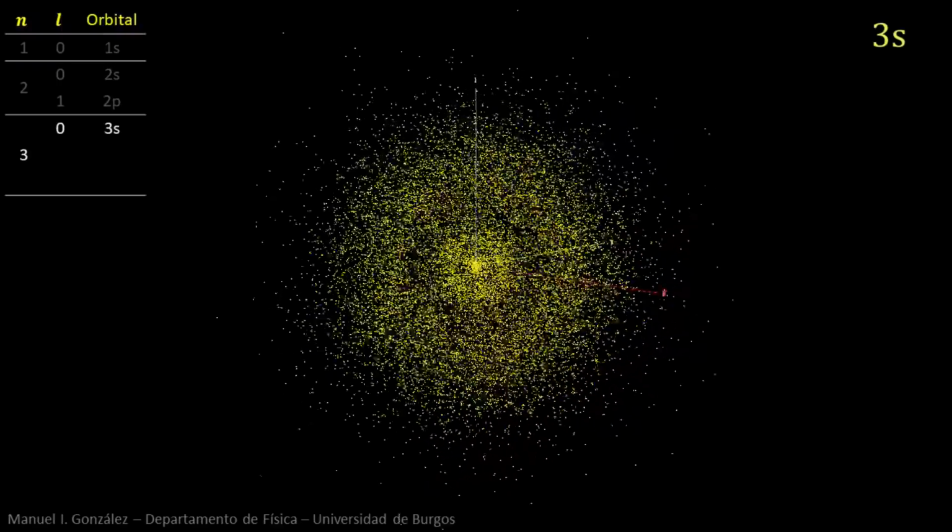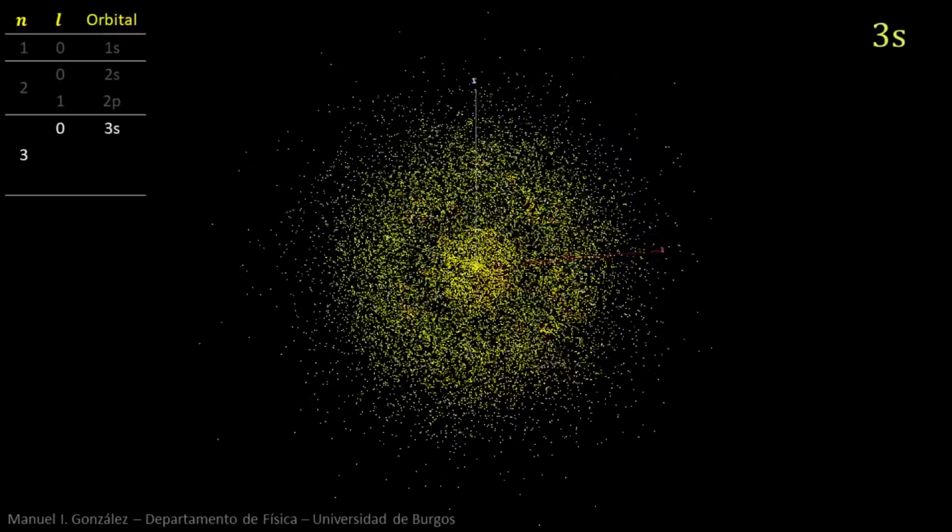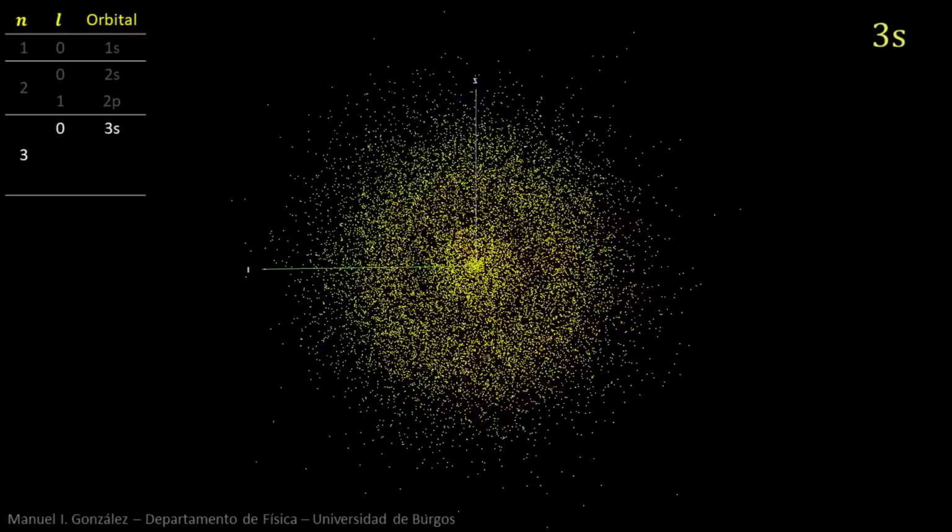The outer one is clearly visible in this scene. The inner one is hidden by the surrounding cloud.